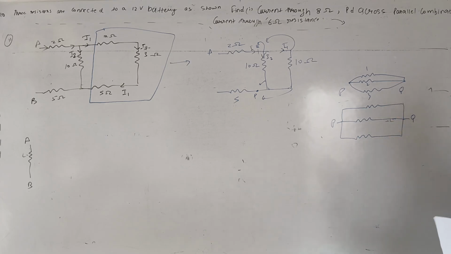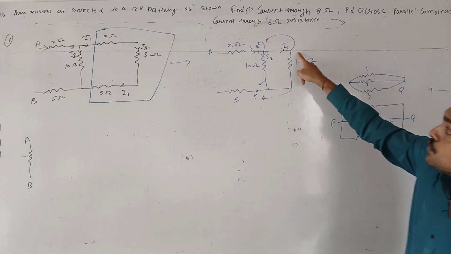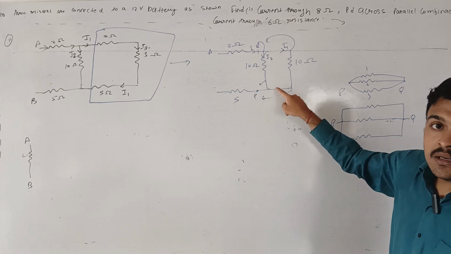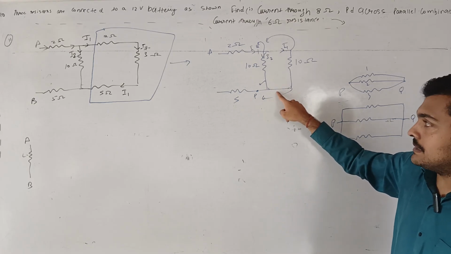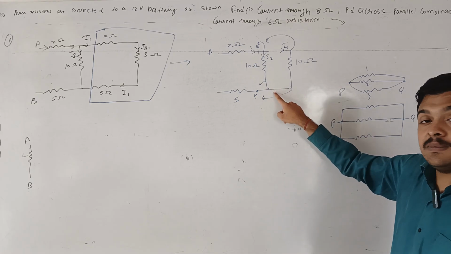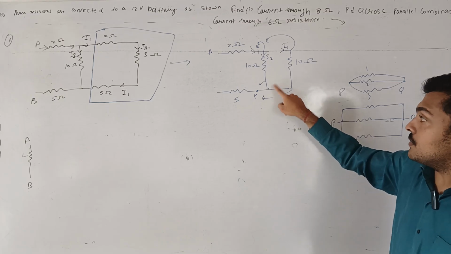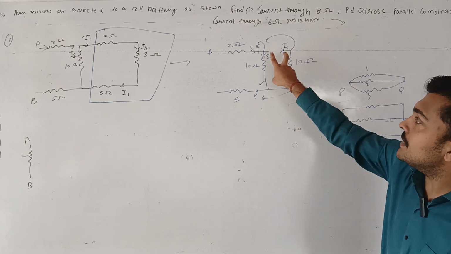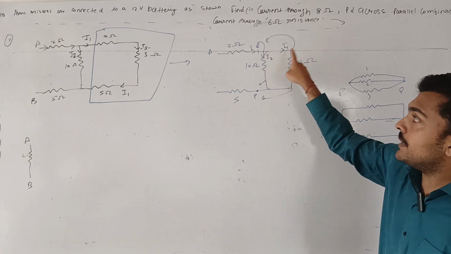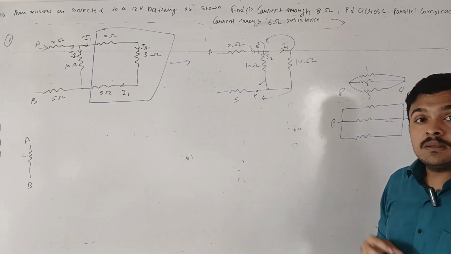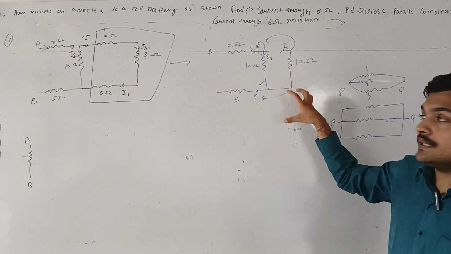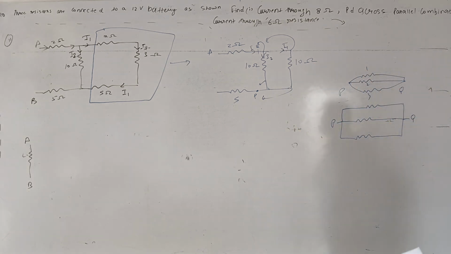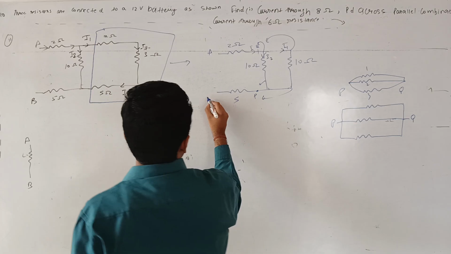So don't get confused by the diagram. These two are directly connected to the same point because this is a wire of negligible resistance. We assume the wire has no resistance, so these two points are connected with each other. Similarly, these two points are also connected. So both ends of these two resistances are connected with each other, and they are in parallel. So now they are in parallel combination.